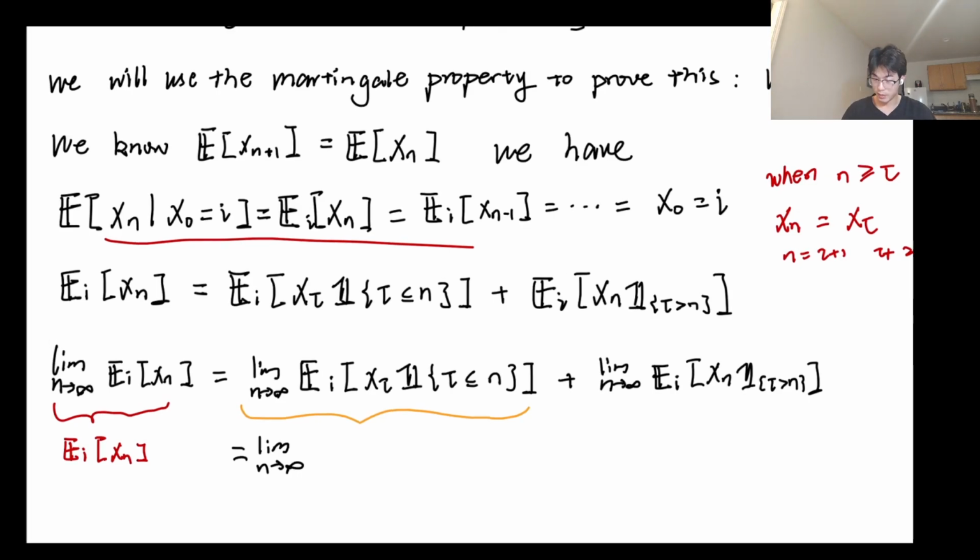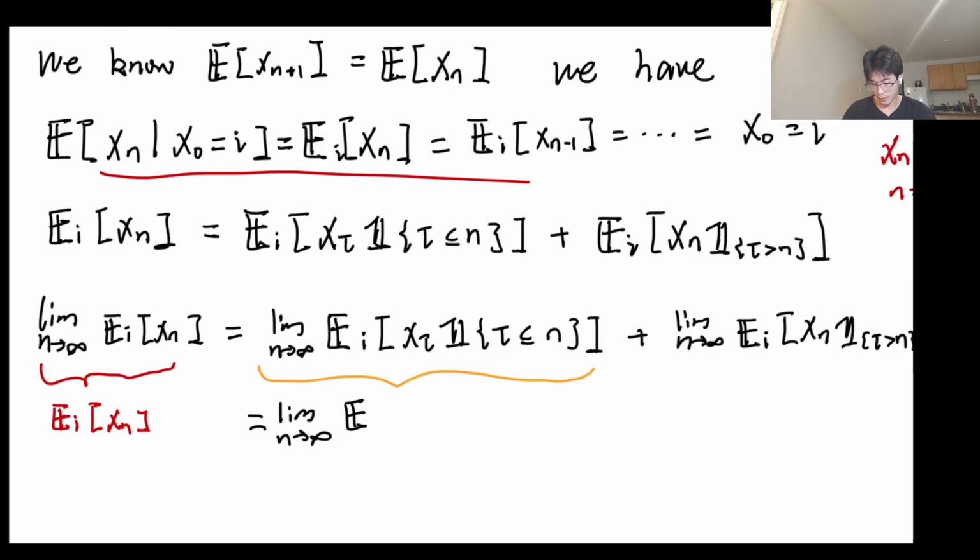You have probably studied the expectation of the indicator function, and in the case when it's independent, we can separate them, right? When we're only working with the expectation of the indicator function, it equals the probability of tau smaller than or equal to n.